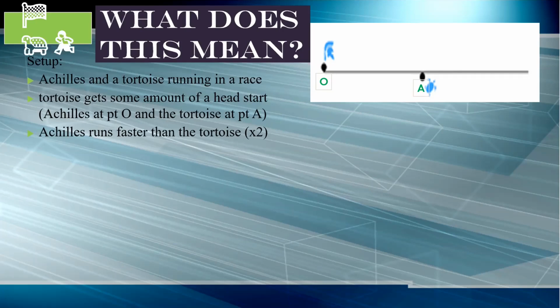And let's say, for the sake of this argument, that Achilles runs exactly twice as fast as the tortoise. So that's our setup. Achilles runs twice as fast as the tortoise, and the tortoise gets some amount of head start. This is understandable. And now, here's what happens when they begin their race.